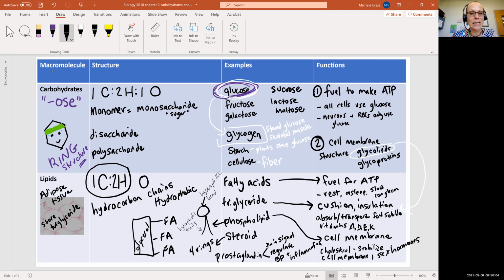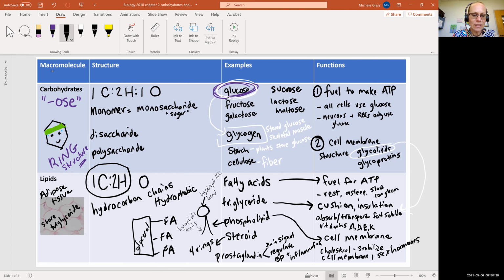Remember, your text is linked in the video description, talking about fish oils and so forth, and the relationship of those omega-3 fatty acids to prostaglandin, and then from there to the regulation of our blood pressure and inflammation in terms of reducing heart disease. So make sure you're reading about that because it's really interesting.